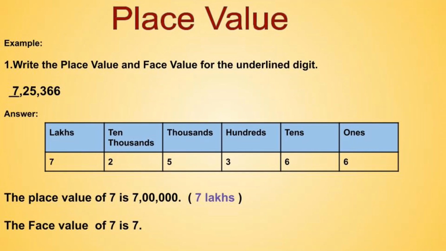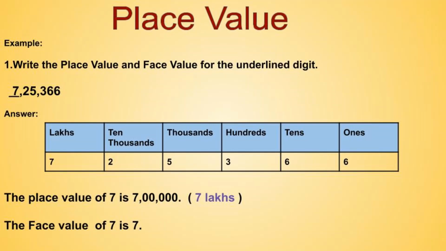Let's learn place value and face value with an example. Write the place value and face value for the underlined digit. Children, hope you all learned how to represent the number in words through videos, right? The given number is 7,25,366 and the underlined digit is 7. 7 is in lakhs place. So the answer is, the place value of 7 is 7 lakh. And what is the face value of 7?